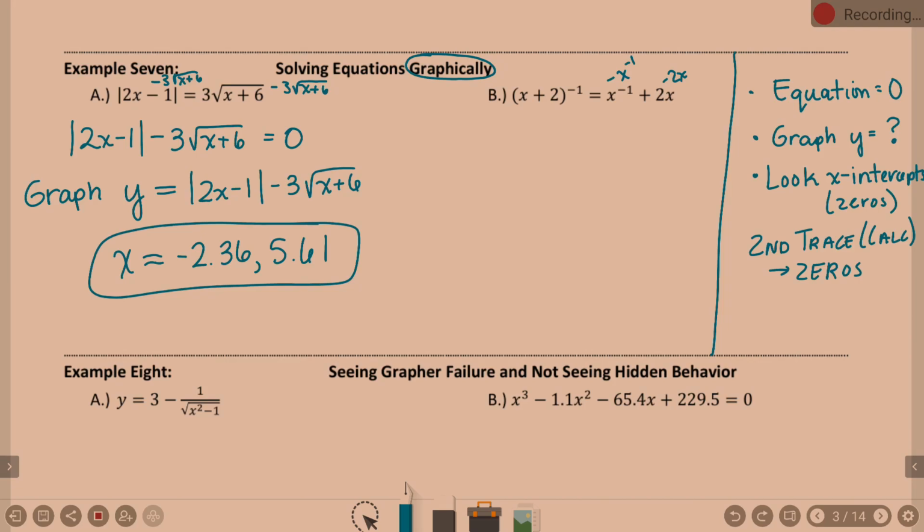So I'm going to have x plus 2 to the negative 1, subtract x to the negative 1, and subtract 2x, and I want it to equal 0. So we're going to graph y equals x plus 2 to the negative 1 minus x to the negative 1 minus 2x. And then you're going to find an answer.